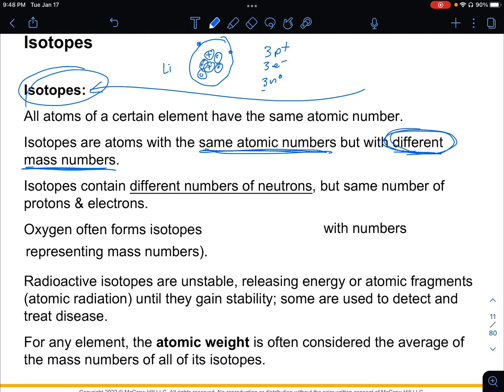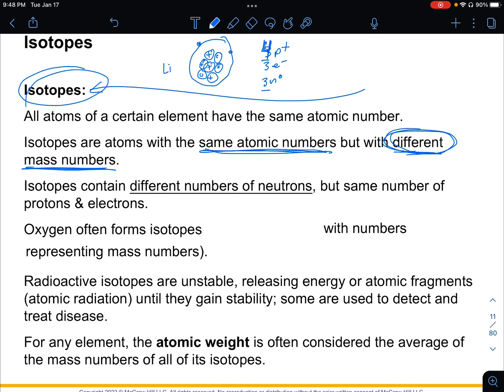So instead of changing the number of neutrons, what if I change the number of protons? So we're not adding another neutron, we're adding another proton. What does this change? Does this change the mass number? Yes, because the mass number is protons plus neutrons. But does this also change the atomic number? Yes, because the atomic number is defined by the number of protons.